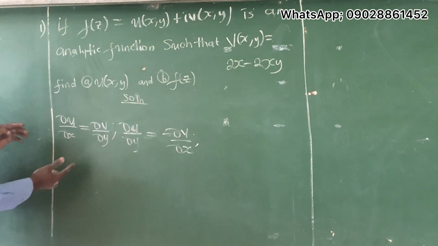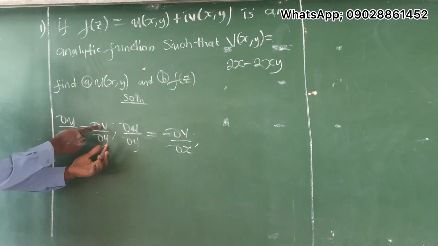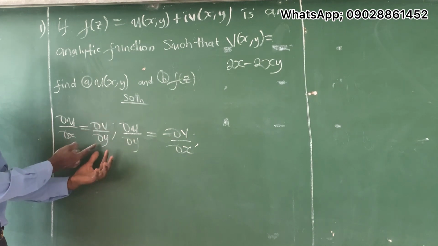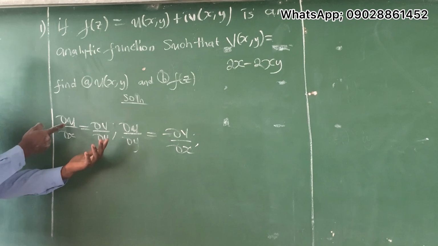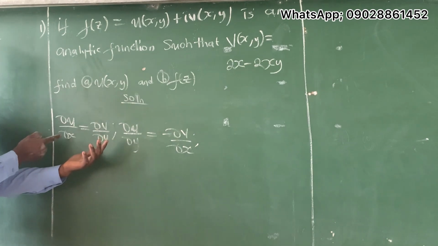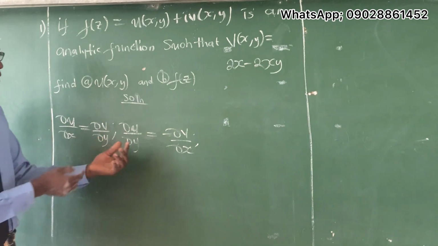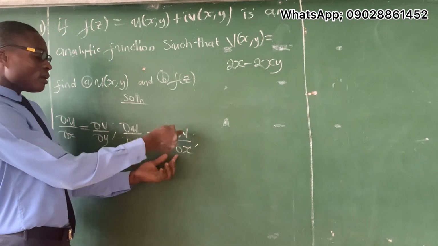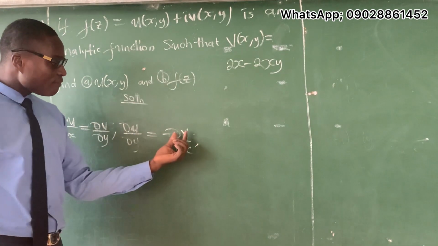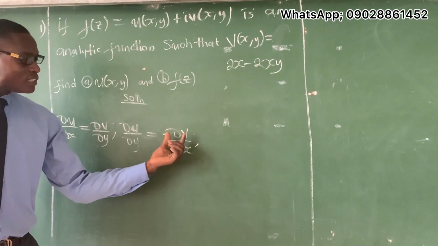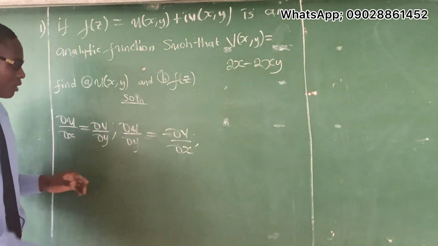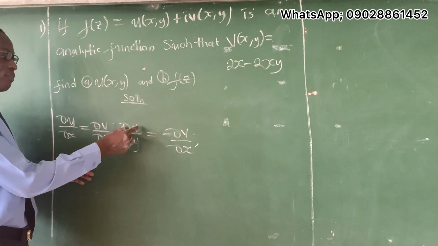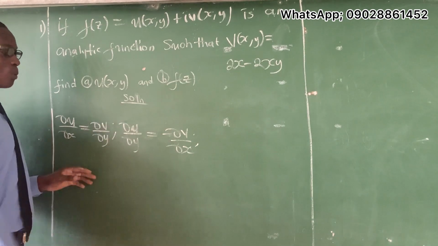So you see that if we differentiate the imaginary part with respect to y, it means that we have obtained the derivative of the real part with respect to x. And also, if we attach minus and multiply it by the derivative of the imaginary part with respect to x, it means that we have obtained the partial derivative of the real part with respect to y.